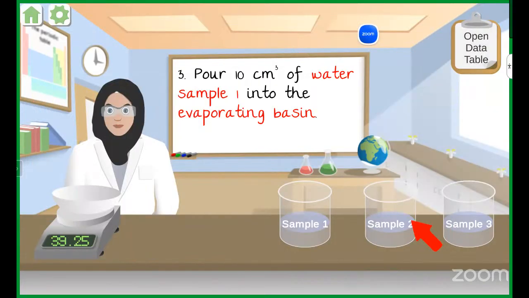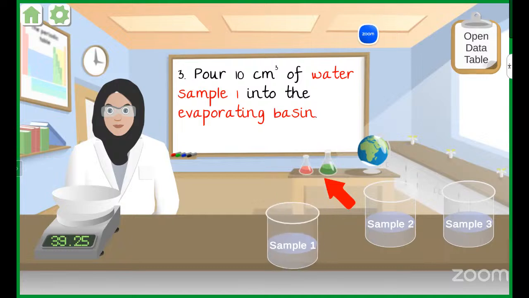Now we have the instruction. Can you read the third instruction in there? Pour 10 centimeters cubed of water sample into the evaporating basin. So we are asked to pour 10 centimeters cubed of water sample 1 into the evaporating basin.